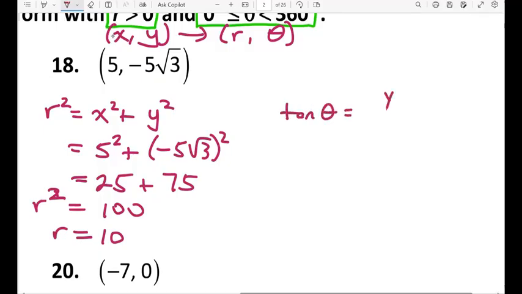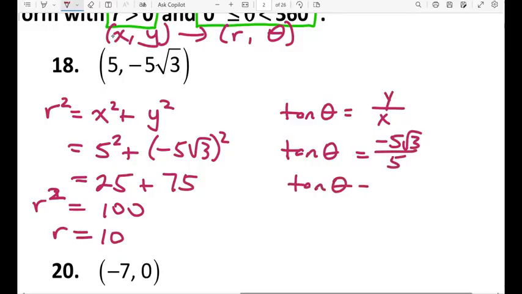Tangent of theta is equal to y over x will help us find the value of theta. And y over x is negative 5 root 3 over 5, which equals negative root 3. Tangent's negative in either quadrant 2 or quadrant 4, but before we attempt to answer this one, we know that the original point x comma y has an x value that is positive and a y value that's negative.